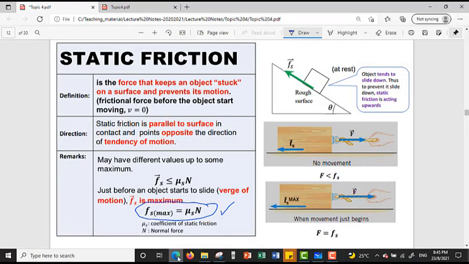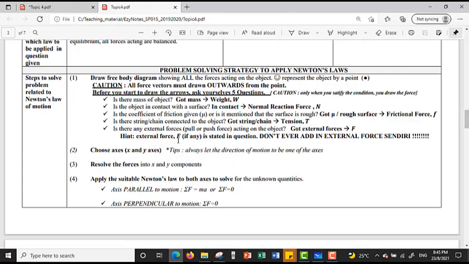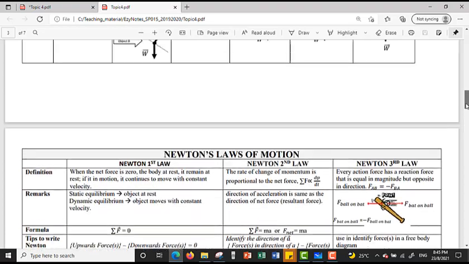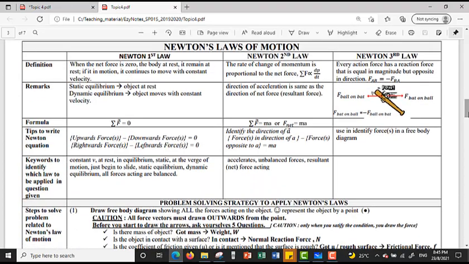So kalau you refer balik kepada handout kita tentang Newton's law, ataupun video sebelum tu, kita dah kata keywords just begin to slide, telling us that we still apply Newton first law. Waktu tu kita belum bergerak, objek tu baru nak bergerak, so dia masih berada dalam keadaan pegun, at rest.